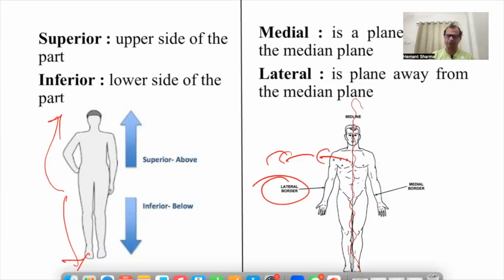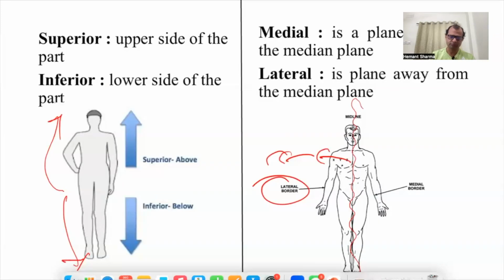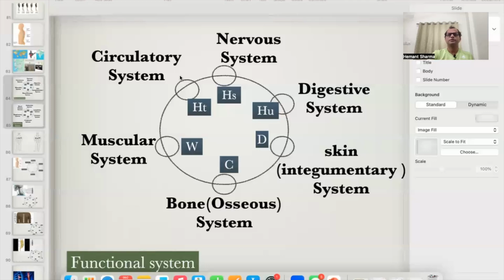And remember one important thing, this is the anatomical position. What is the anatomical position? We are measuring each and everything in this position. This is the anatomical position. So whenever you want to see anything, this is the anatomical position, right?